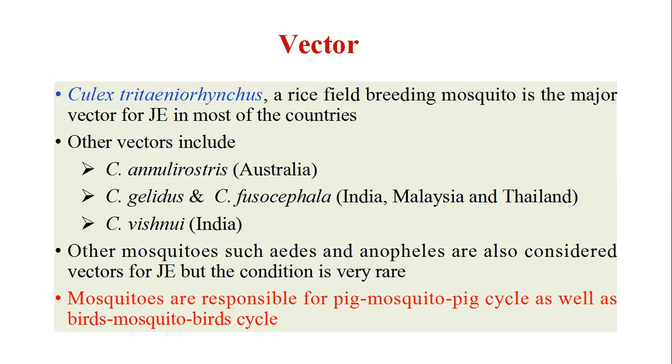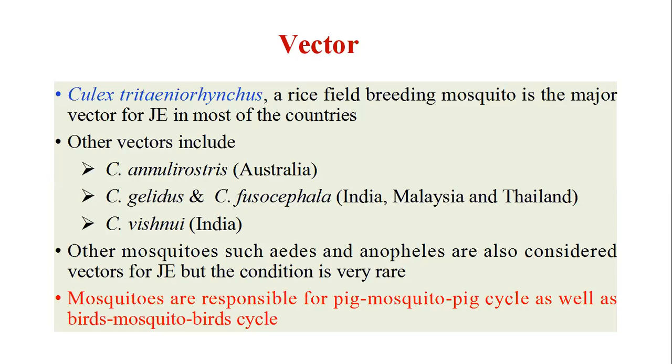Mostly Culex species, Culex tritaeniorhynchus, a rice field breeding mosquito, is a major vector for JEV transmission in most countries.